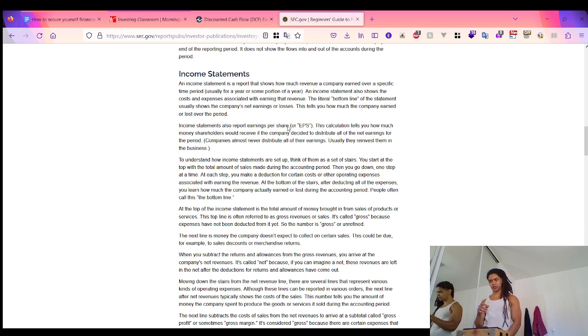The earnings per share calculation tells you how much money shareholders will receive if the company decides to distribute all of the net earnings for that period.